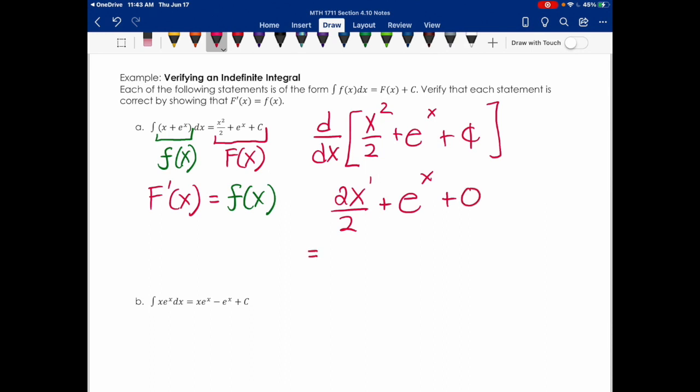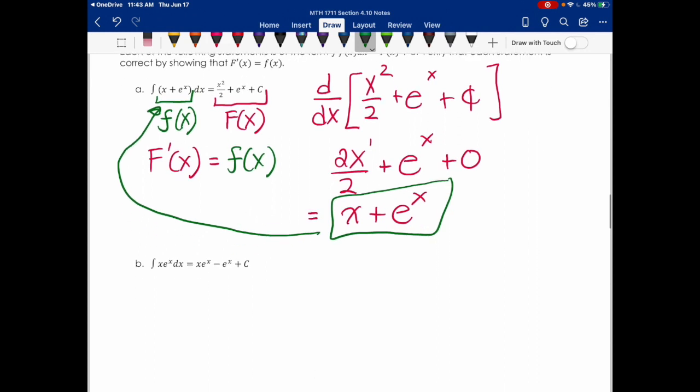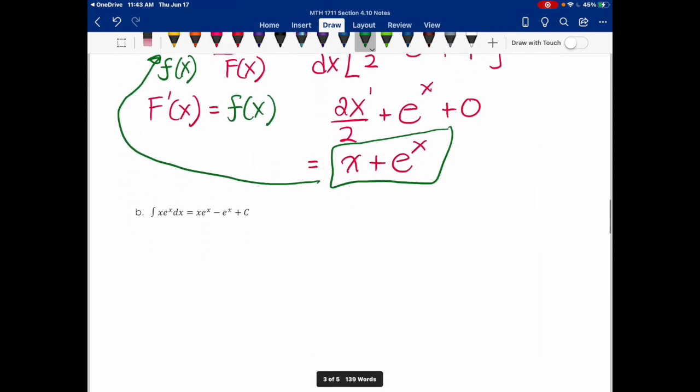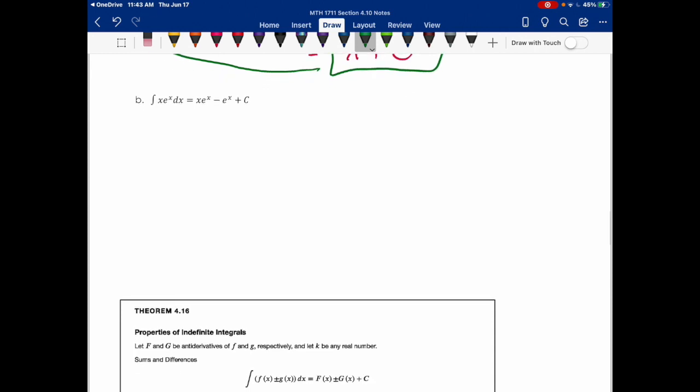And when I take the derivative of our constant, we get 0. When I divide my 2's, I'm going to get x plus e to the x. And we just verified that this indefinite integral is correct. We got our lowercase f of x. So we're working backwards here, getting comfortable with this concept.